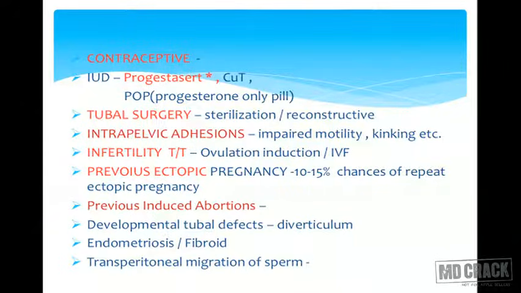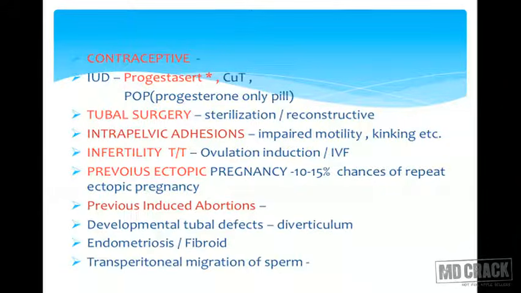They have progesterone, so they decrease the motility of the fallopian tube and thus they hamper the transfer of the embryo from the tubes to the uterine cavity. Even copper T, which is an intrauterine device, gives protection against intrauterine pregnancy but may lead to increased chances of ectopic pregnancy. Condoms and barrier methods give protection against both intrauterine as well as ectopic pregnancy because they are not allowing the sperms to ascend up.